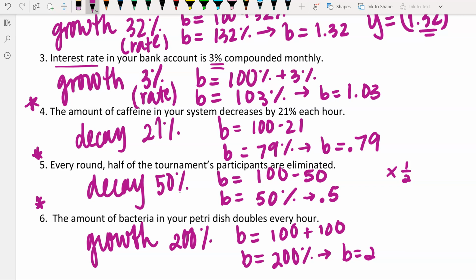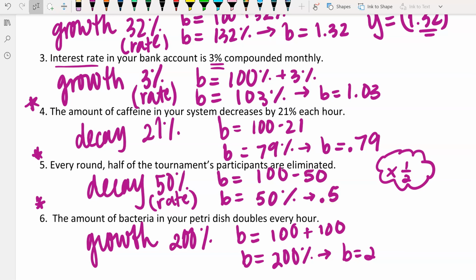But when you're talking about rate, what rate is represented by multiplying by 1/2? Well, that would be 50%. Okay, so that's where we get our rate of 50% here. Then when we try to find our base, because it's decay, we take 100 minus that 50 and we end up with 50%, which means our base is 0.5, which again is the same as multiplying by 1/2.